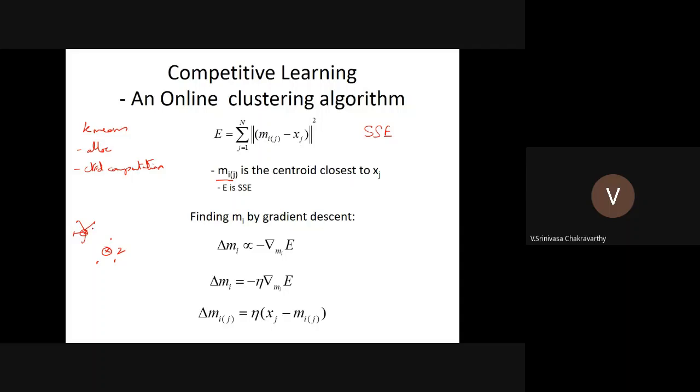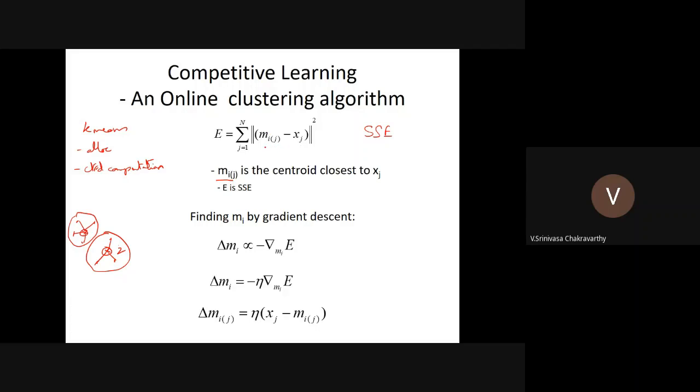That is for this cluster. Similarly, take all these distances, square them and sum them. That's for this cluster. Then add them up. This is your sum squared error. So what are we doing here? For every data point, see which is the nearest cluster center, the centroid, which is Mi of j. Then take the distance, square it, and sum over all Xj. So this is a much more compact notation than what we had before.